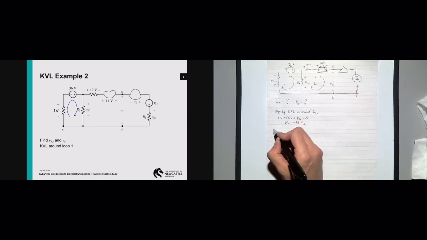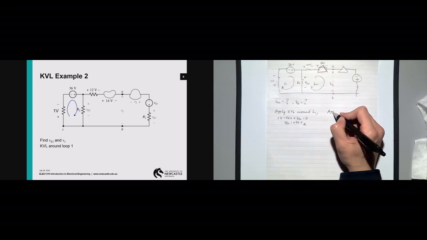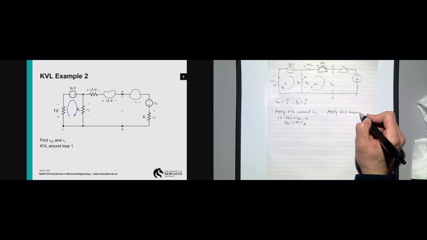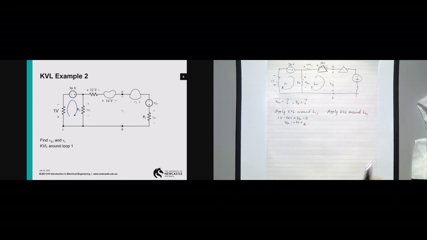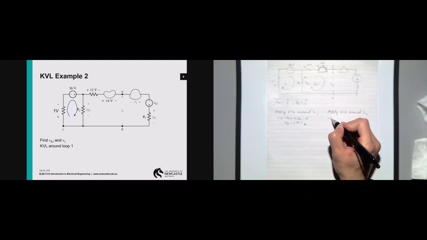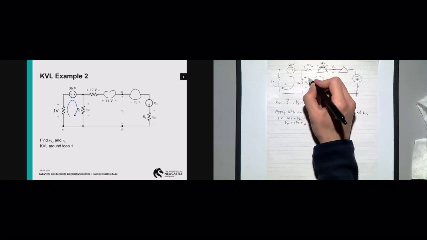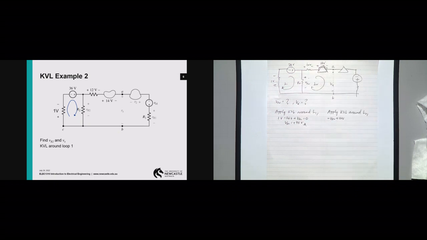Right. So now, we apply KVL around loop 2. I'll be hitting negative VR2 plus 12 volts, and plus 14 volts again.